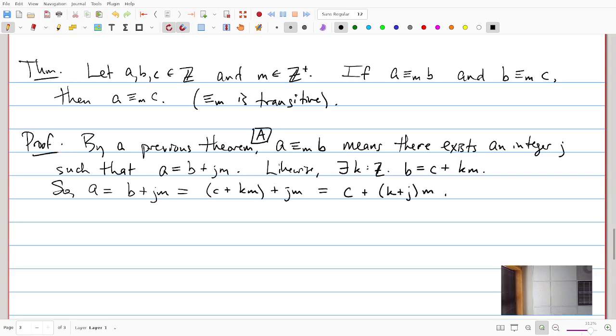Okay, so what have we shown? We've shown that A is equal to C plus a multiple of m. So again, by theorem A, A is equivalent modulo m to C, since A equals C plus a multiple of m.